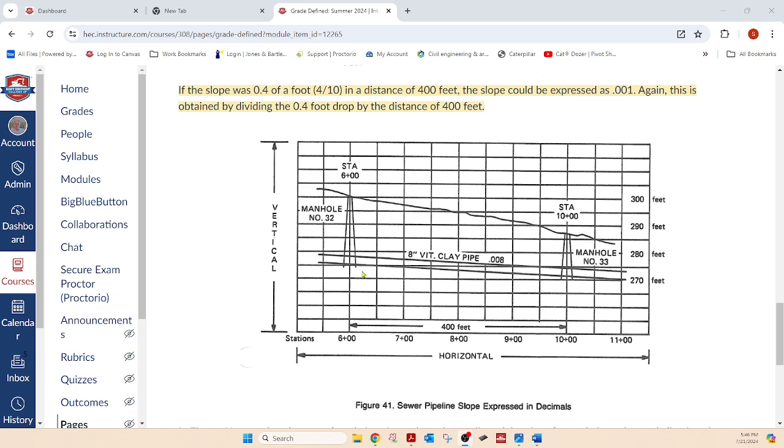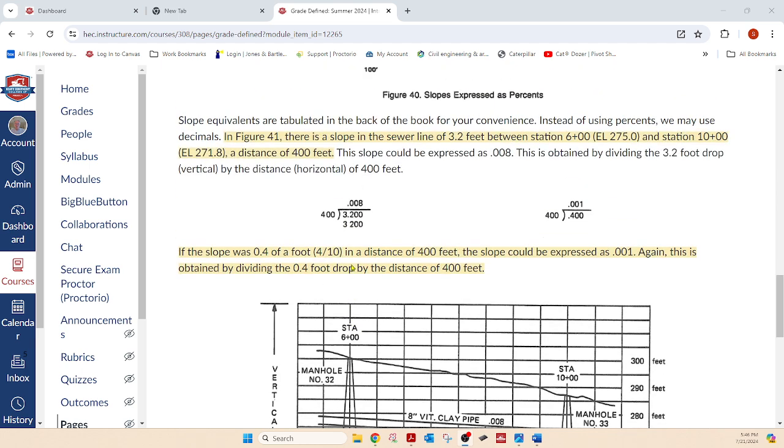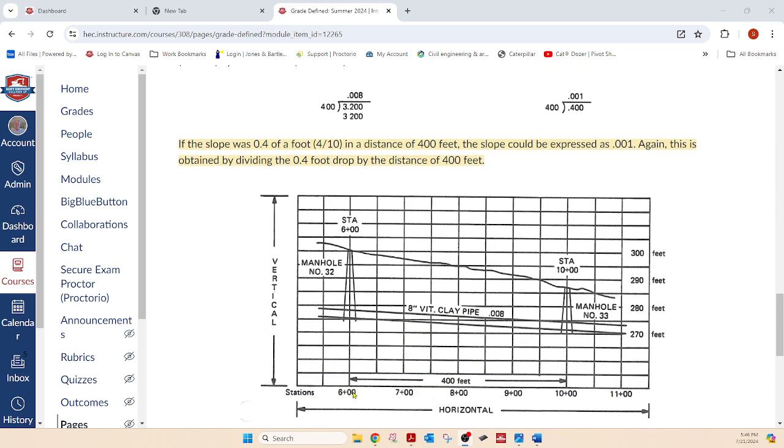So I'm going to assume these to be 5 feet, and this 270, this 275, and then on up here 280. So the bottom of the pipe is 275 right here. Now, look over here. Station 600 is 275, right? That's the elevation.